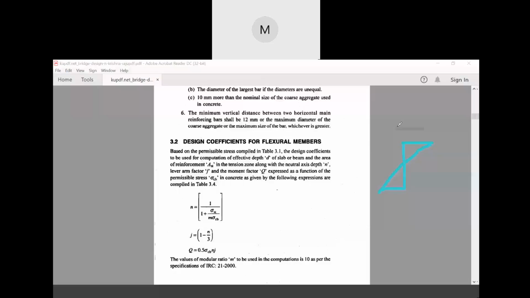Like which one is tension and which one is compression? Top tension, bottom compression. Is it? Anyone else? Bottom tension.